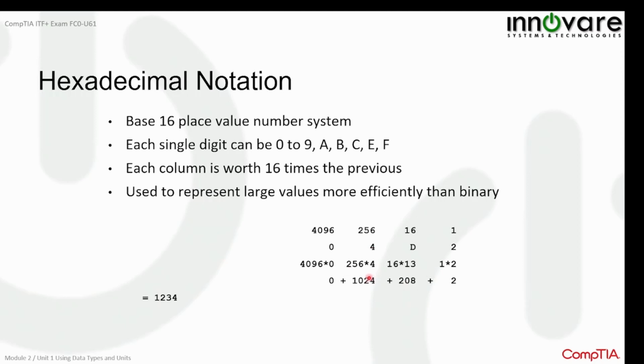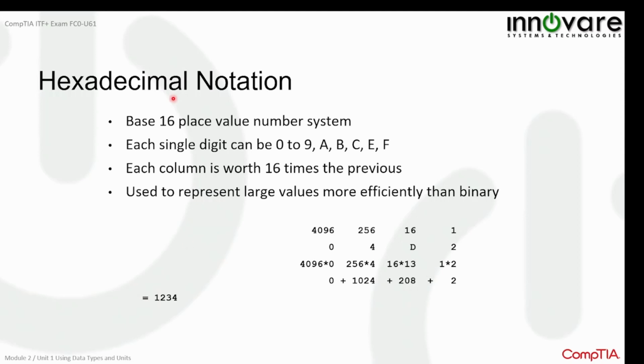So you sum up, you total 1024, 208, and 2, it is equivalent to 1234. 1, 2, 3, 4. Ito ang equivalent ng hexadecimal. When we say hexadecimal of 4D2, this is the decimal equivalent, but the computer reads it as 4D2.